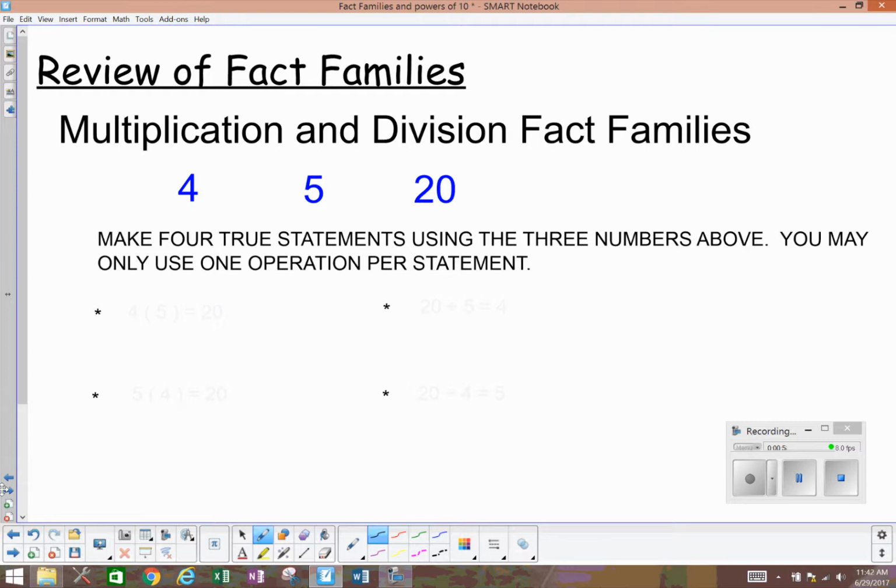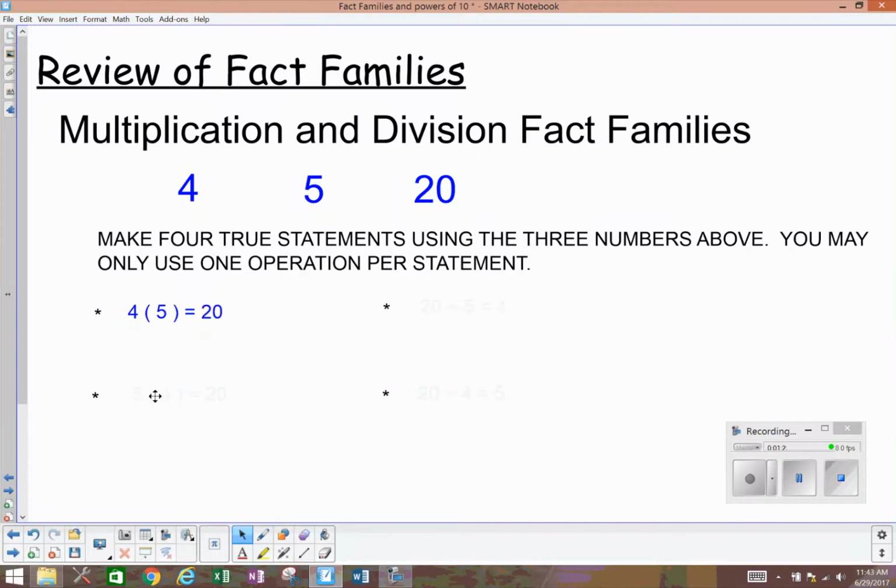Like, for instance, if I am looking at the numbers 4, 5, and 20. What are some true statements that I can make using one operation and an equal sign using 4, 5, and 20? Well, I could say 4 times 5 is equal to 20.